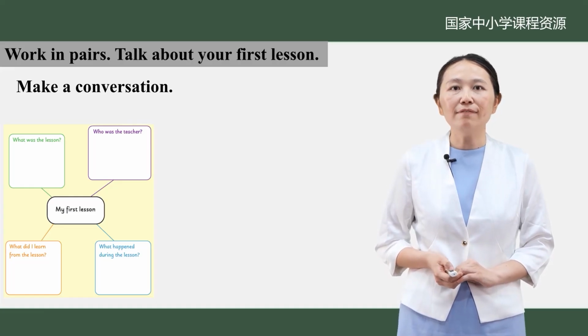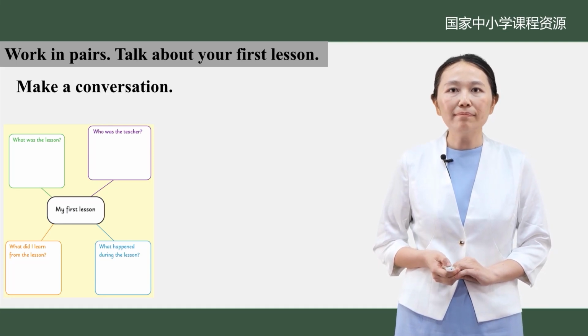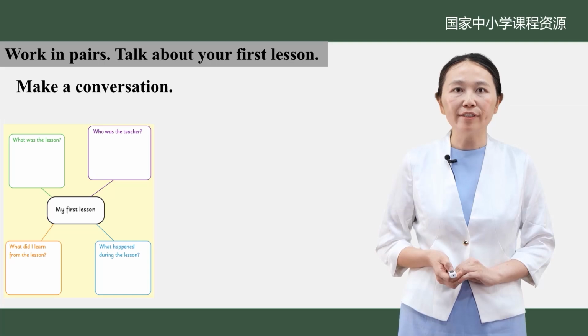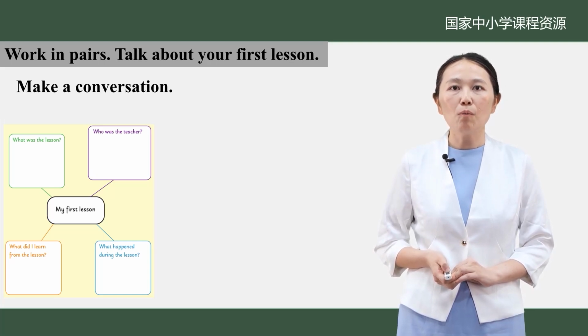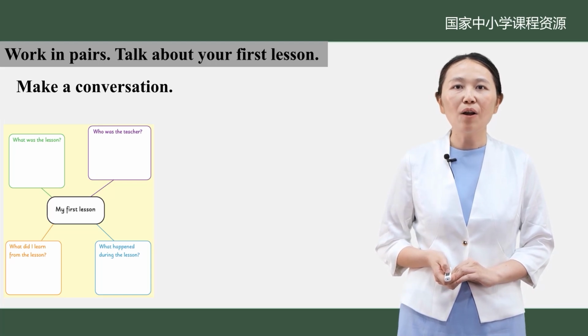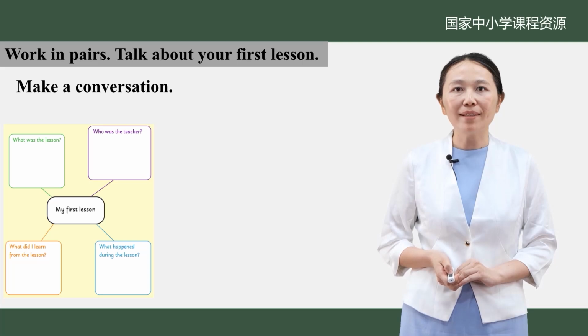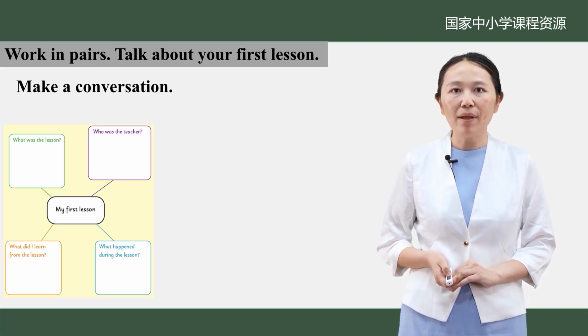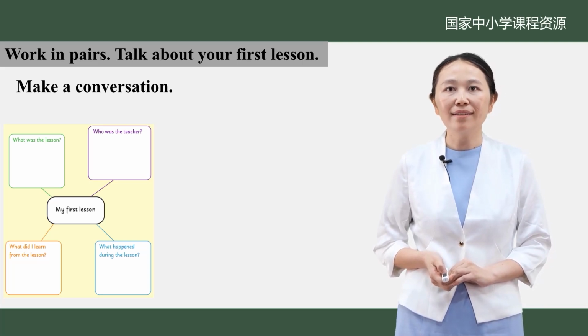So here comes the final task. Work in pairs to make a conversation and talk about your first lesson. Use the thinking map, including: What was the lesson? Who was the teacher? What did I learn from the lesson? What happened during the lesson?